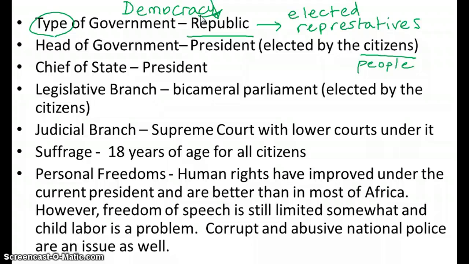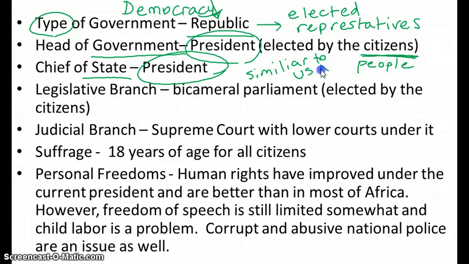Well done. All right, so the head of government and the chief of state is actually the same person in Kenya. And in Kenya, interestingly enough, he is elected by the people, the citizens, in a direct vote. Very similar to the United States.